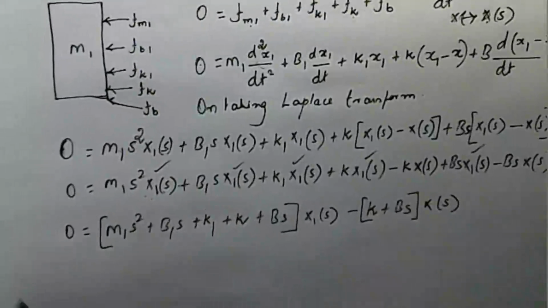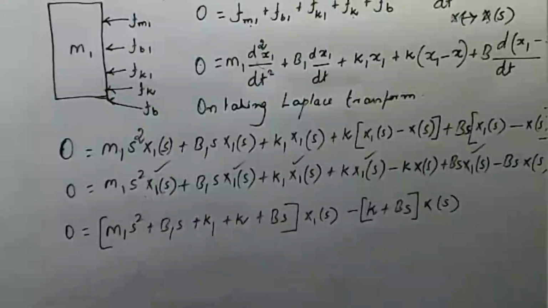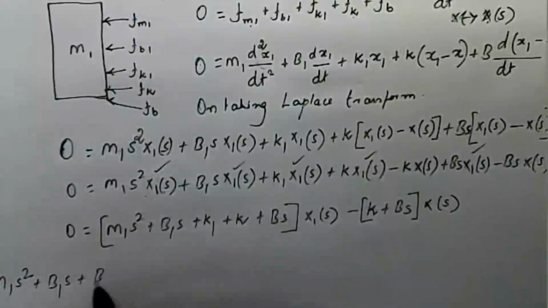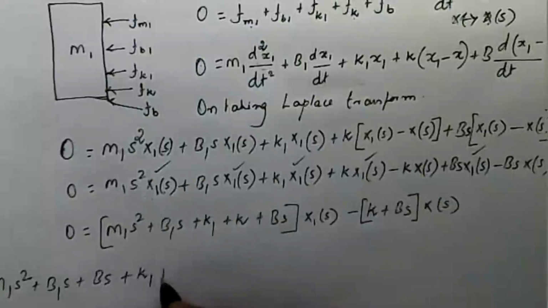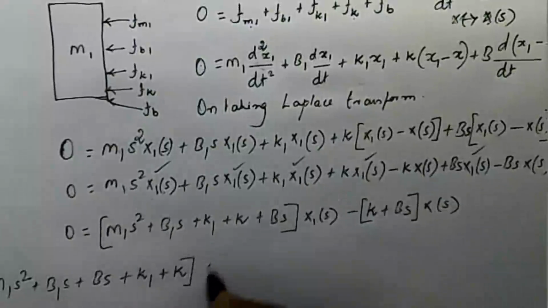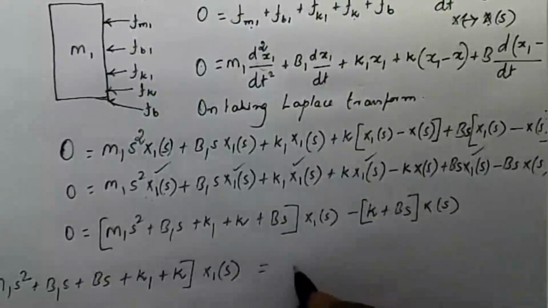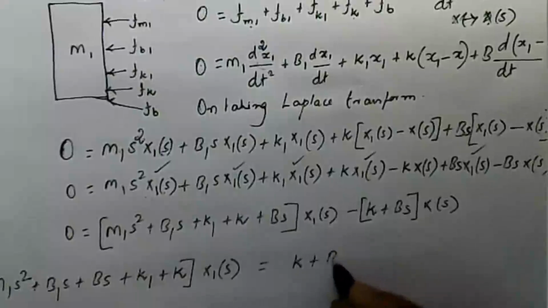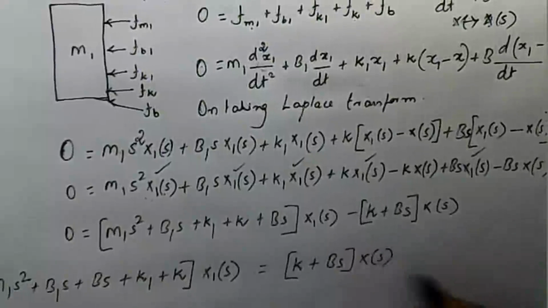Therefore, also arrange the terms in order: m1 s square plus b1 s plus bs plus k1 plus k into x1 of s, that is equal to k plus bs into x of s.